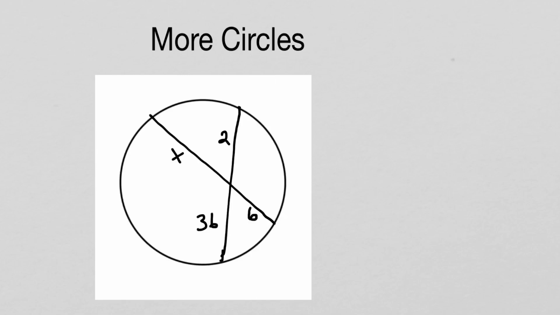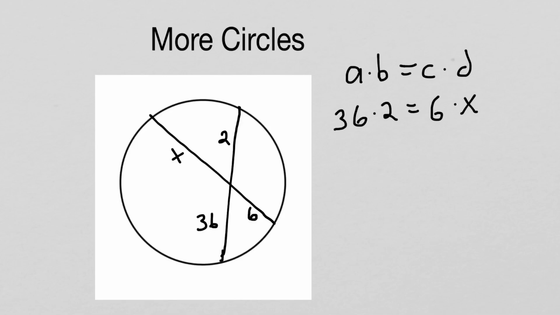This one, I've got 2 chords inside a circle. One has lengths 36 and 2. The other one is X and 6. They want us to solve for X. A times B equals C times D. So A times B is going to be 36 times 2 equals 6 times X. 36 times 2 is this line here, and 6 times X is this line here.